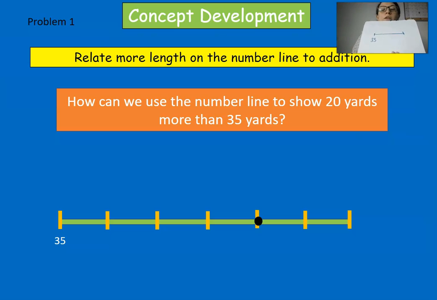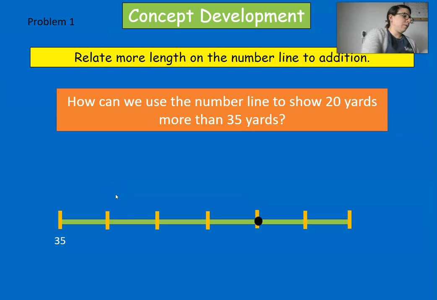We want to know what 20 more yards than that is. To do that, we can count by 5s, we can count by 10s, whatever you're more comfortable with. In this example here, we're counting by 5s. So we're taking 35 and we're going to add on till we get 20 more. So 10, 20, 30, 5, 10, 15, 20.